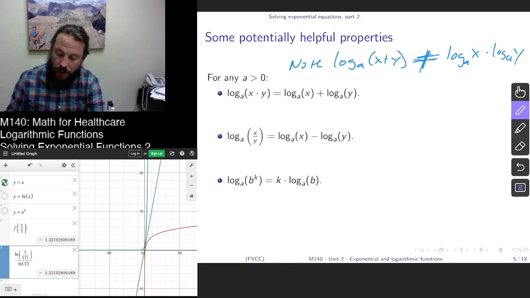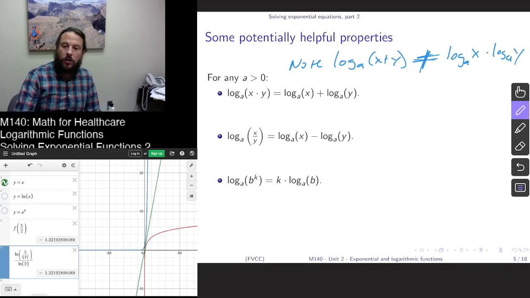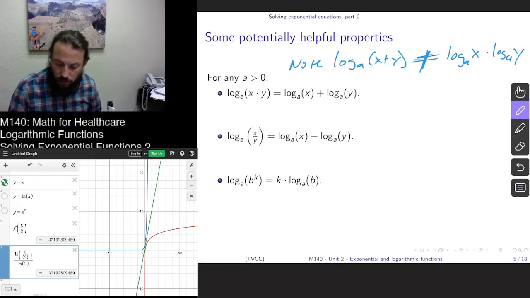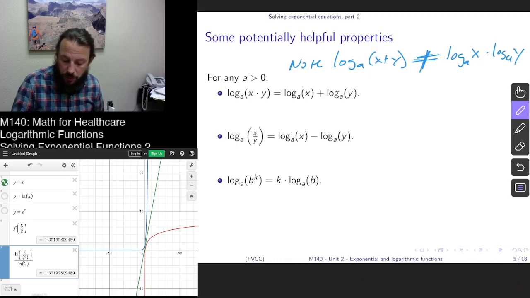It's important to remember that. Now, why does this work? Notice this is kind of similar to what we did for the exponents, right? When things had like bases, we multiplied them together, and with logs, we add their exponents, and that's exactly where this is coming from.